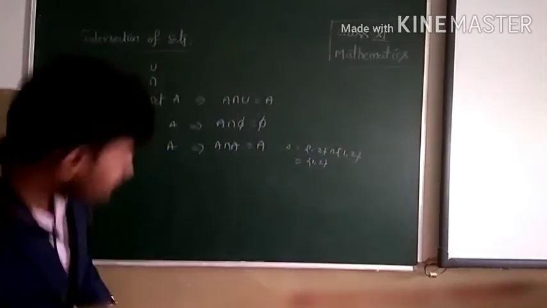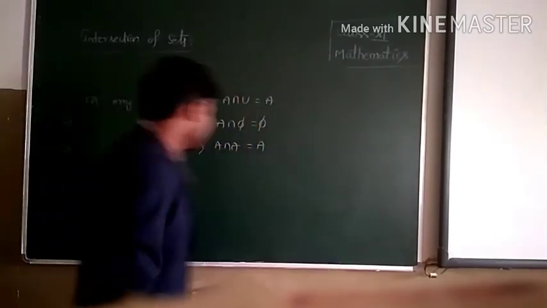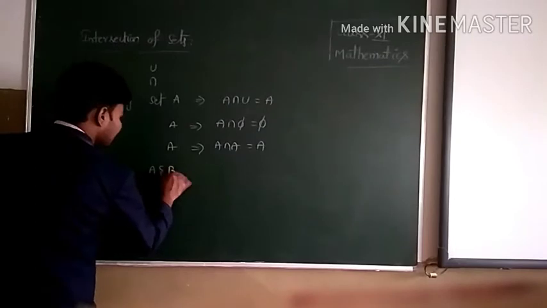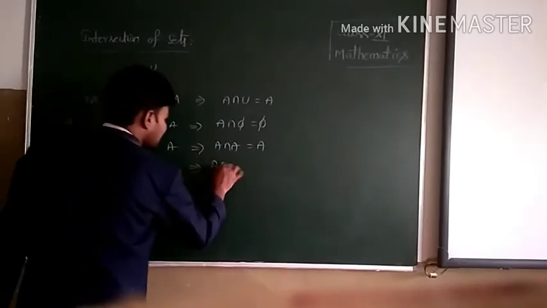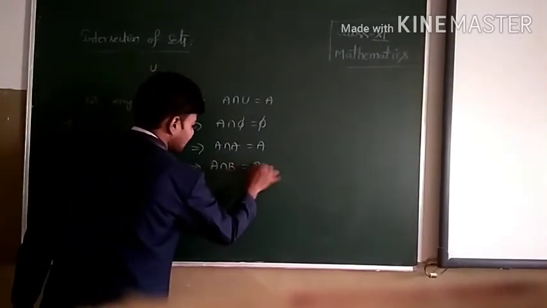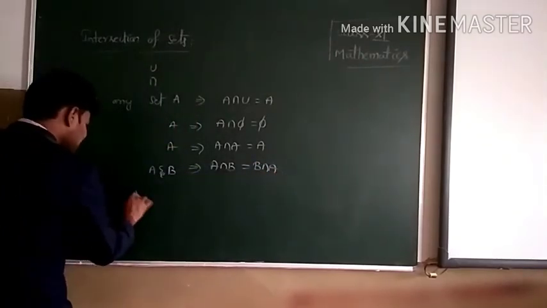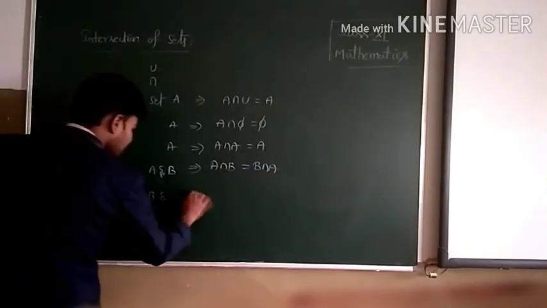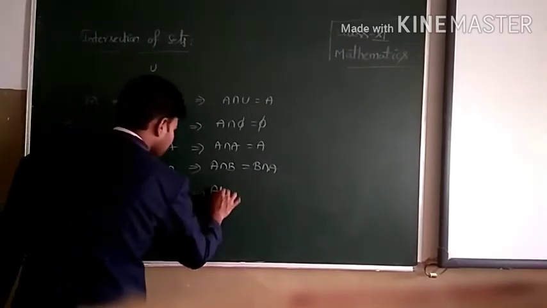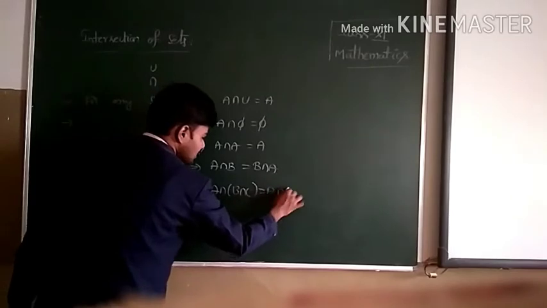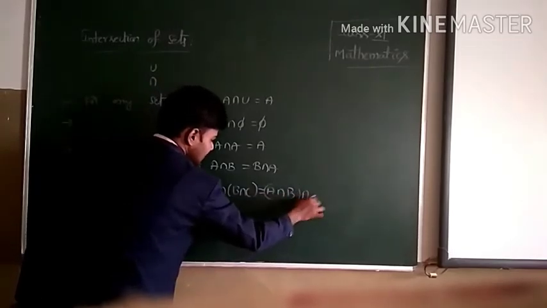Next we have another property. For any two sets A and B, A intersection B is equal to B intersection A. For any three sets A, B and C, A intersection B intersection C is equal to A intersection B intersection C, regrouped.